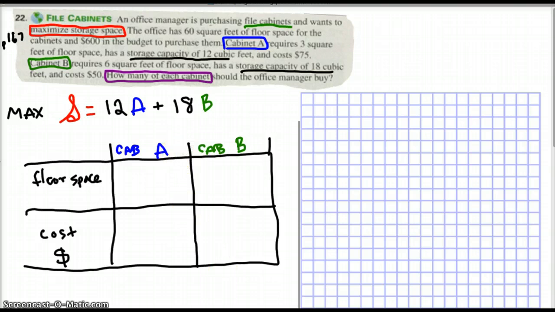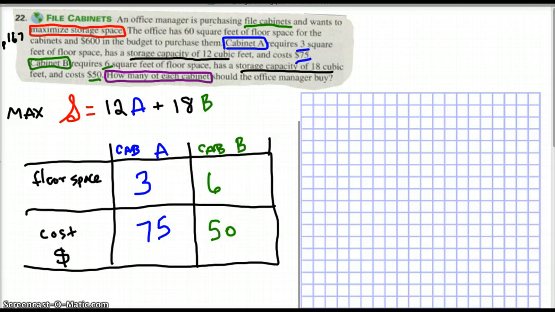Well, cabinet A requires 3 square feet of floor space, and it costs $75. Okay, well, cabinet B requires 6 square feet of floor space and costs $50.